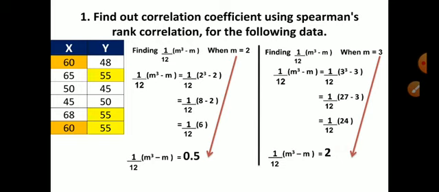Okay, moving further. Now it is time to assign the ranks. For the x and y series we are going to assign the ranks now, in decreasing order. We are going to find the highest value first.